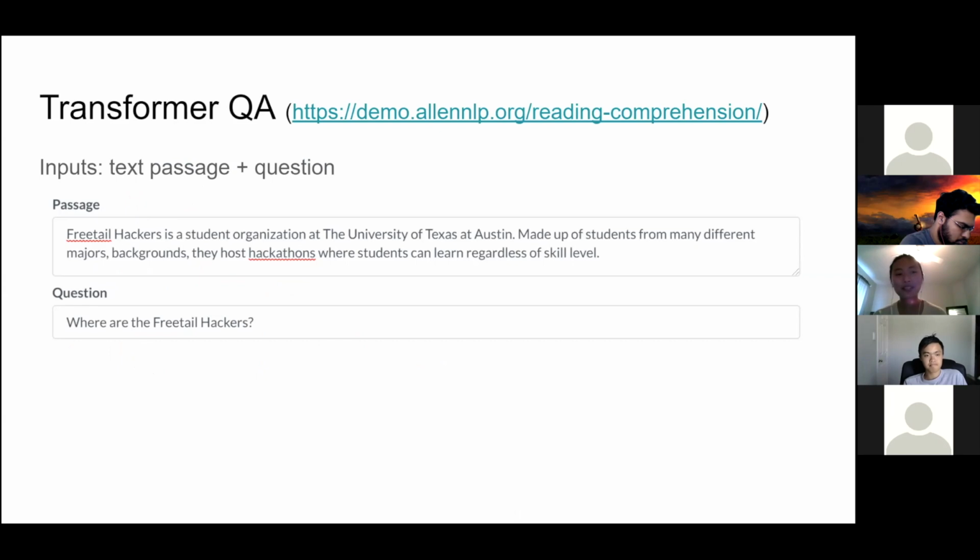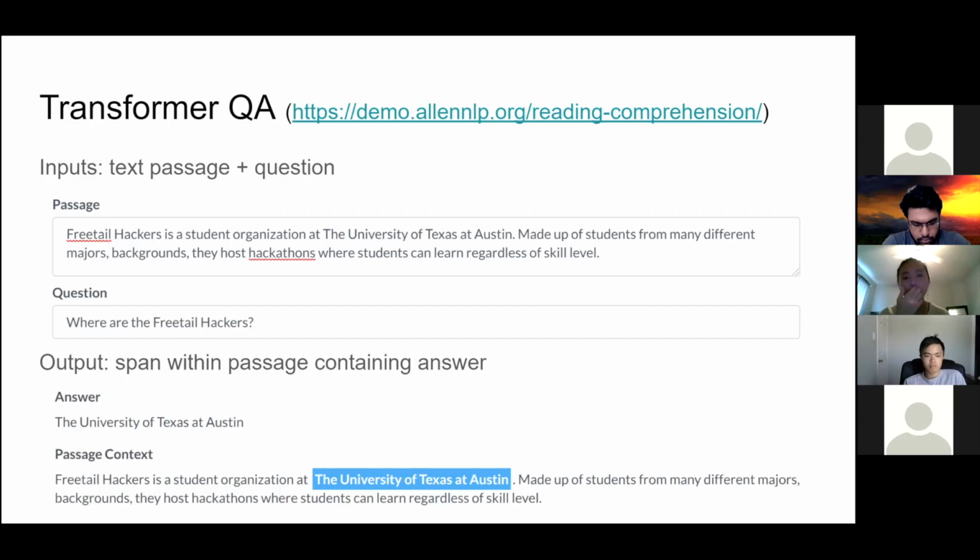And basically what this model does is it takes the passage and the question as input, and it does some basic processing before it feeds into the model. So it'll split it up into word tokens, and then it'll convert it to vectors, and then it'll pass it through the model. And what you get as output is the span within the passage that contains your answer.